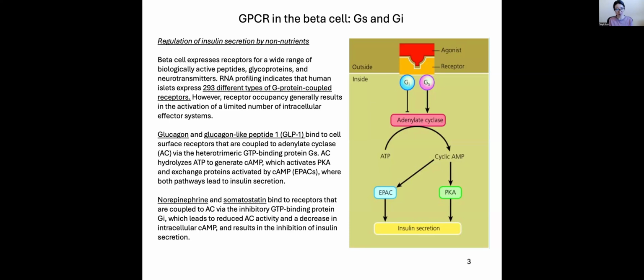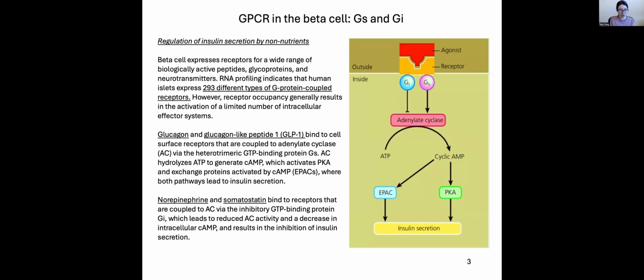And you learned this, that the cyclic AMP is going to go ahead and activate PKA, as well as the exchange proteins activated by cyclic AMP. For short, they're called the EPACs. And both of these pathways, the PKA pathway and the EPAC pathway, lead to insulin secretion.